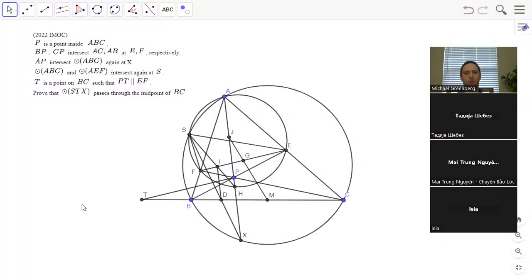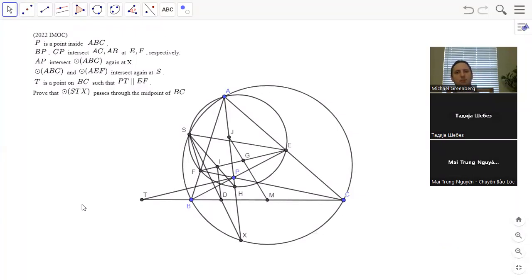And you could say something like BD over DC is like sine of BSD over sine of DSC times BS over SC. And both of those are things we know, since BSD is like BAP. Those two angles are the same. And SB over SC is, by a spiral similarity, just BF over CE.